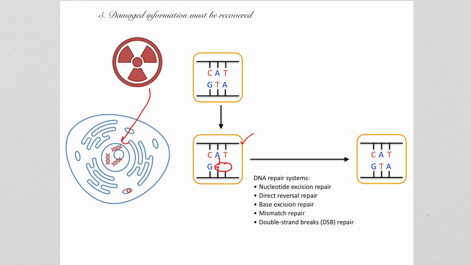The cell knows that this lost information would have been an A because it's next to a T. We have a lot of very efficient DNA repair systems, which we shall talk about in a future video. So damaged information must be recovered, and having those two strands helps us do that.